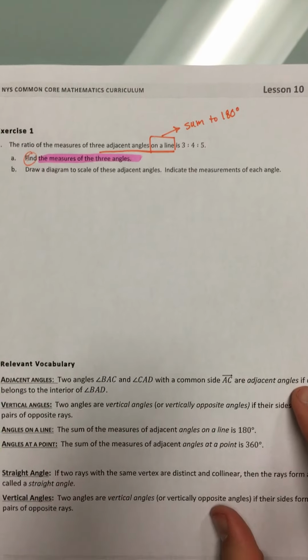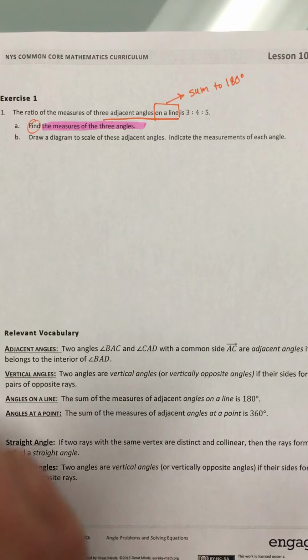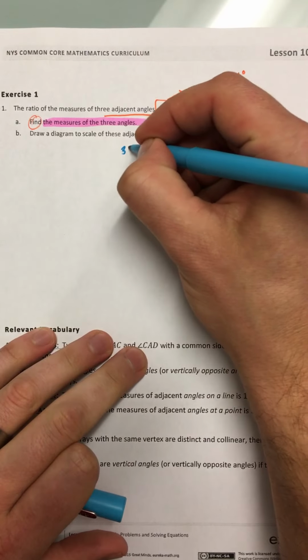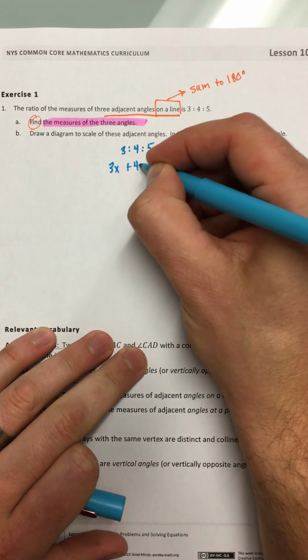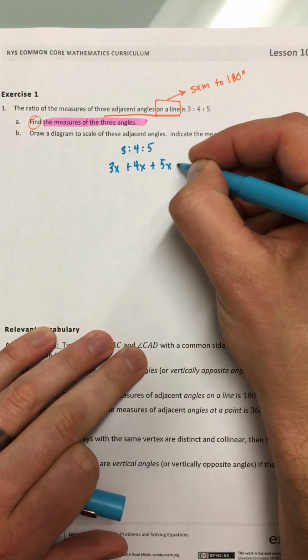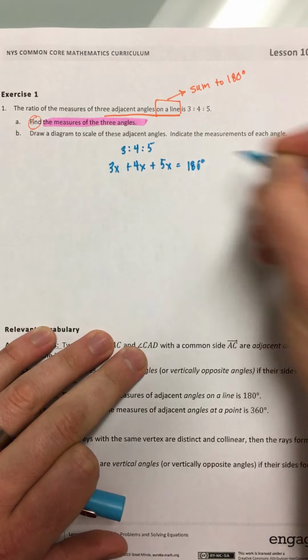I've annotated that on a line means they sum to 180 degrees. And so let's go. 3 to 4 to 5, 3x plus 4x plus 5x equals 180 degrees.